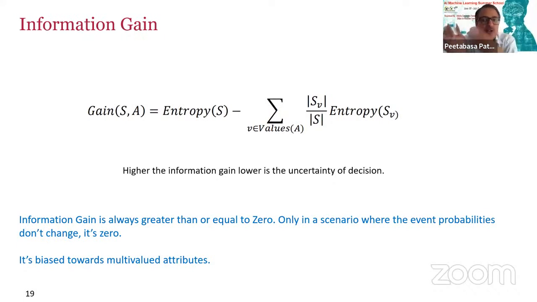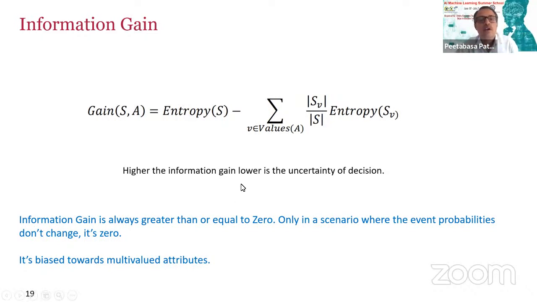Only in that scenario does the entropy remain the same and my gain becomes 0. In all other scenarios, the randomness goes on reducing and thereby there is a gain in terms of my certainty, so it is going to be a positive value.